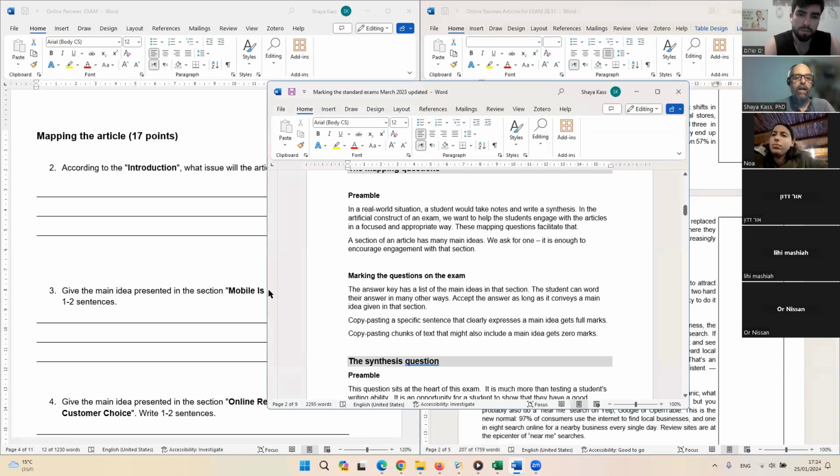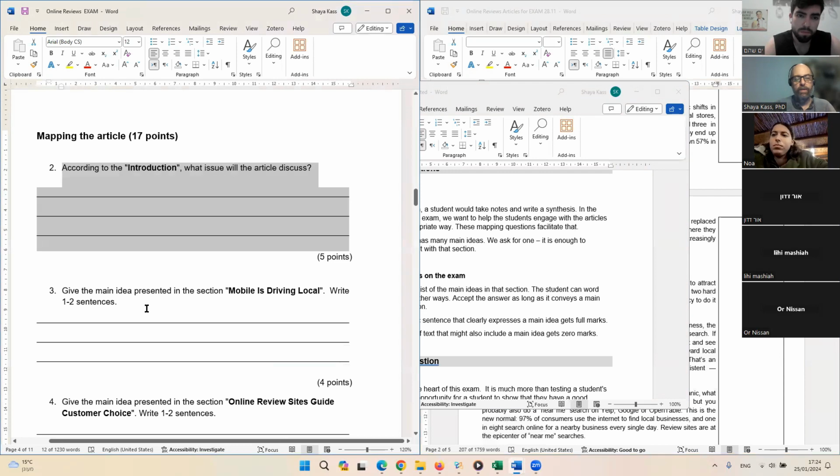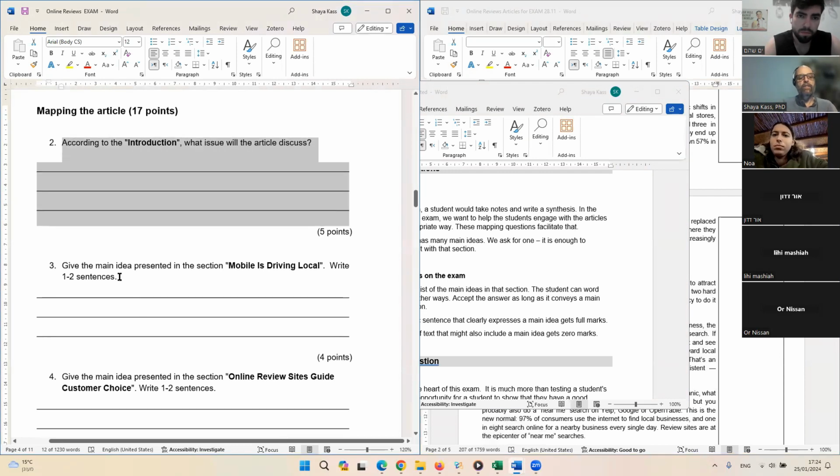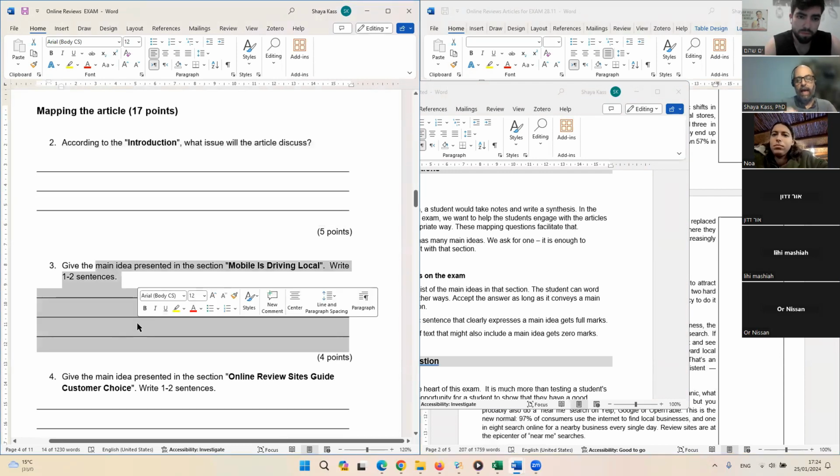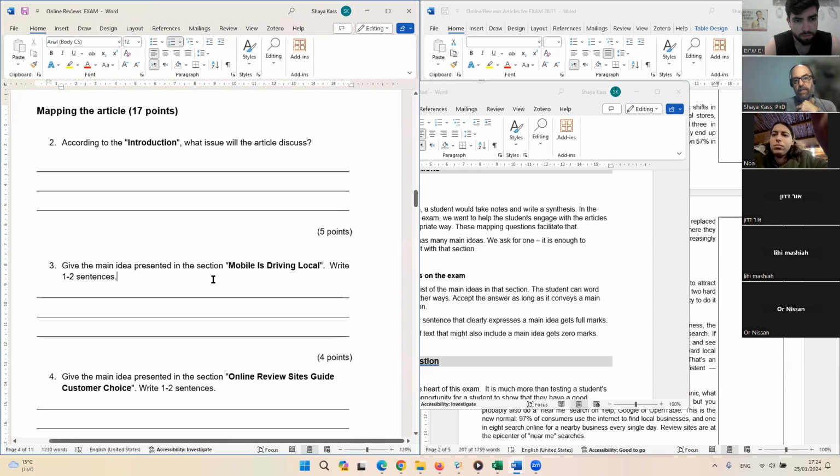So all you have to do when you're answering these questions is find out how these sections support the main idea. So we ask you, what's the main idea of this section? Basically, we're asking you, how does this section support the main idea?